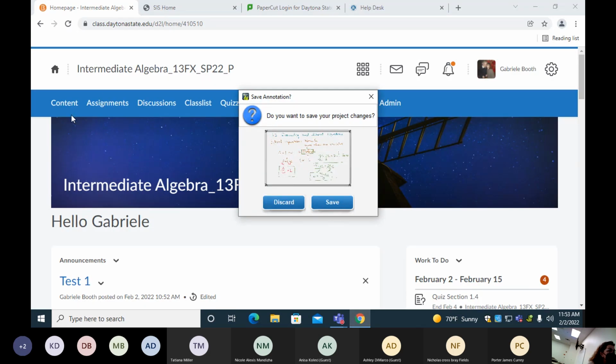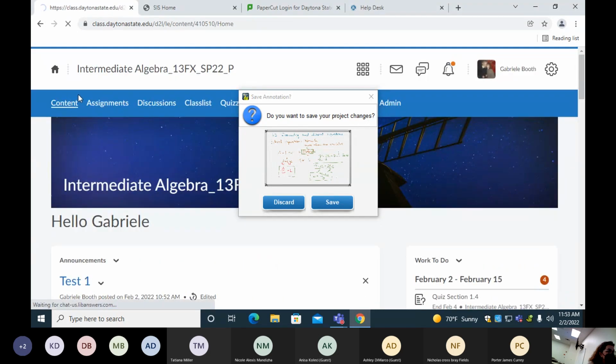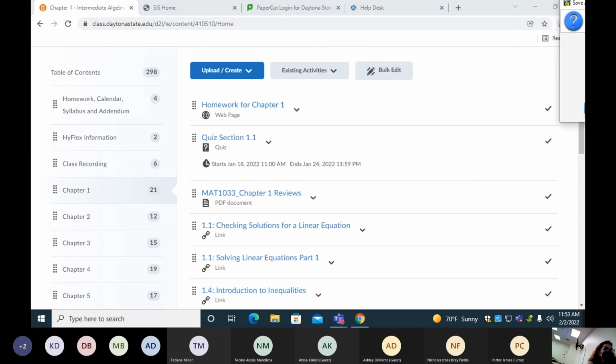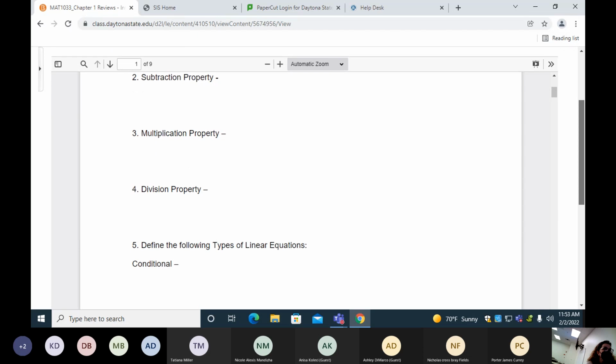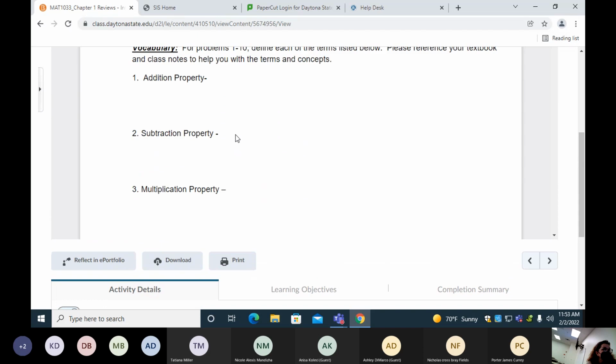Each chapter has a review that you don't have to turn in, but it's a good resource for you to practice, and under chapter 1, here's the chapter 1 review. We have some time, so let's take a look at some of these problems. The first part is just on some definitions.